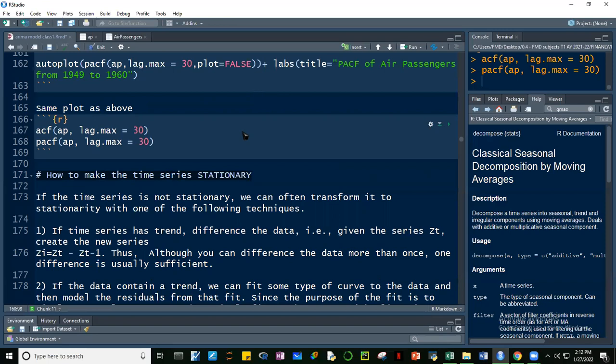So ang gagawin natin, magta-transform tayo ng data na yun. Magdi-difference tayo o maglo-log transform tayo. Once we have done that, we now have a new series, either the difference series or the log transform series. Kukunin din natin yung ACF at PACF nun. Tapos, yung bagong ACF at PACF na yon, yun ang gagamitin natin para malaman kung anong klaseng AR model yon, or MA model, or ARMA or ARIMA.